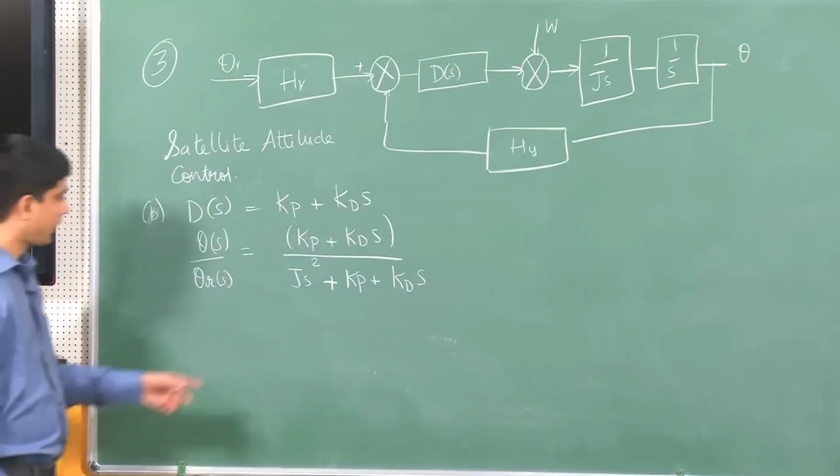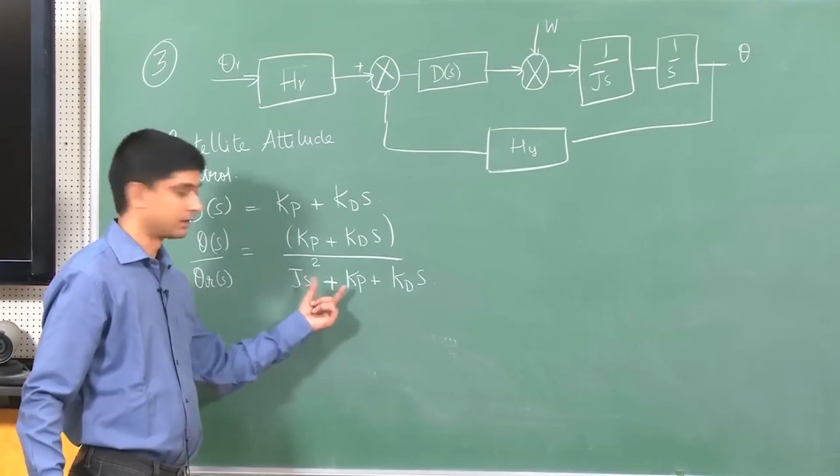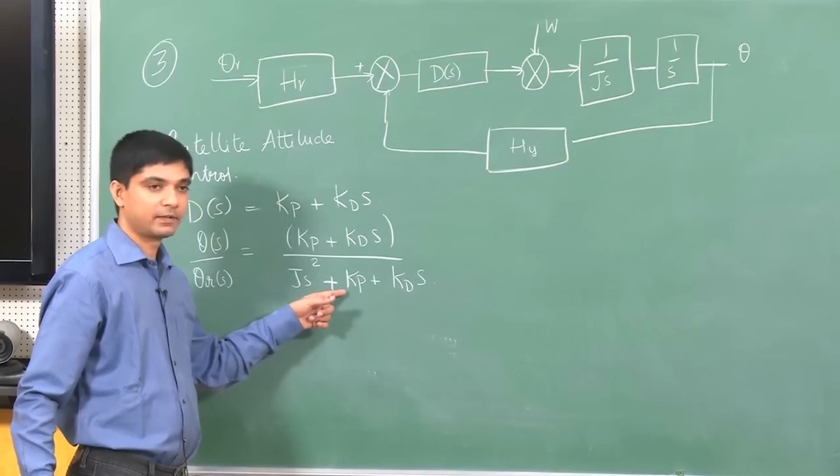Okay. Now, you look at it. Earlier we just had roots which were imaginary. So, we just had this term Js square plus Kp.